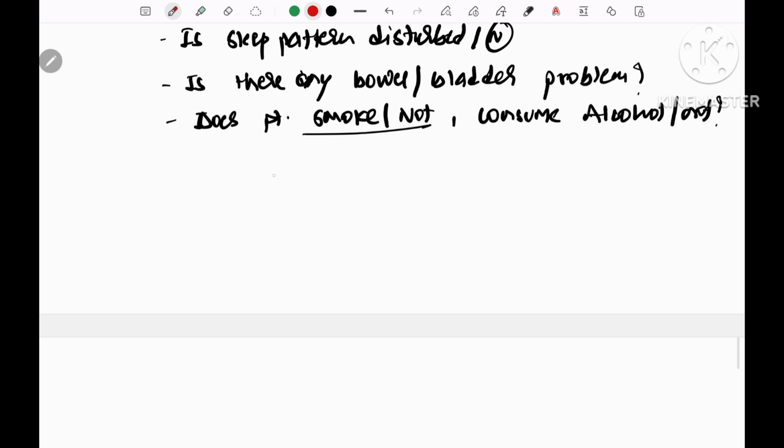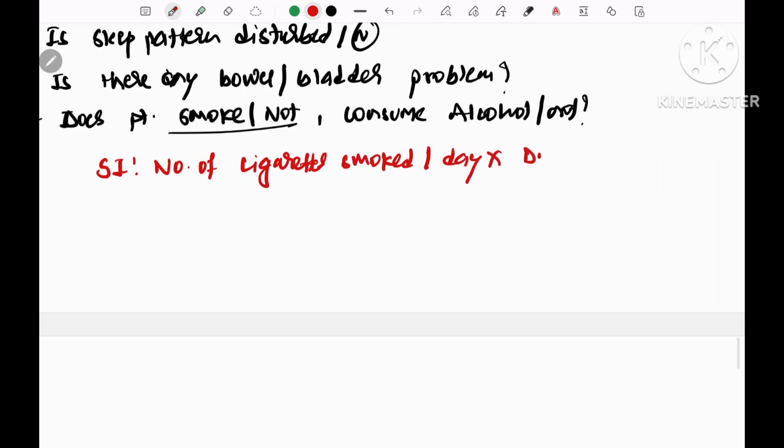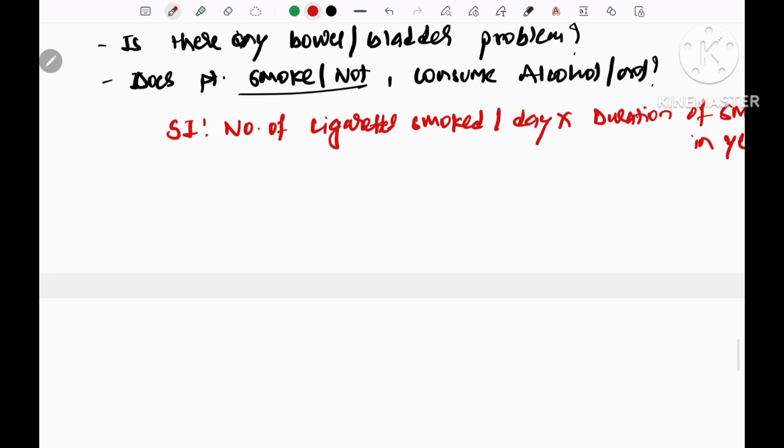For the smoking index, we have to know the number of cigarettes smoked per day, multiplied by the duration of smoking in years. In this way, the smoking index is calculated.